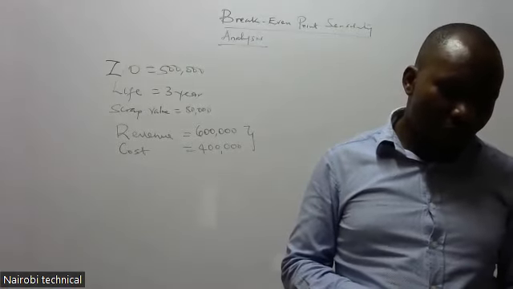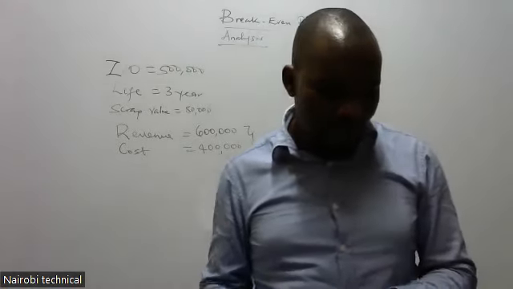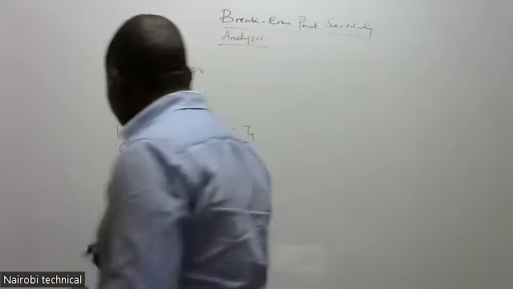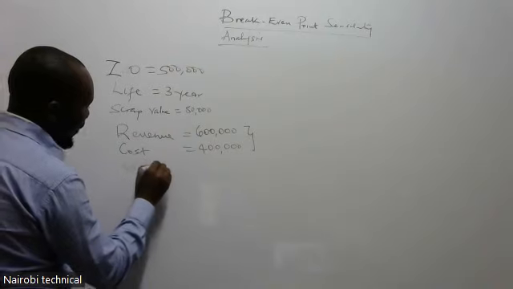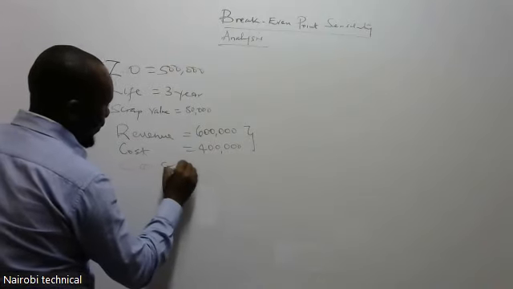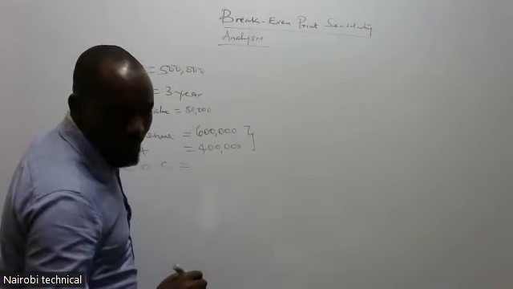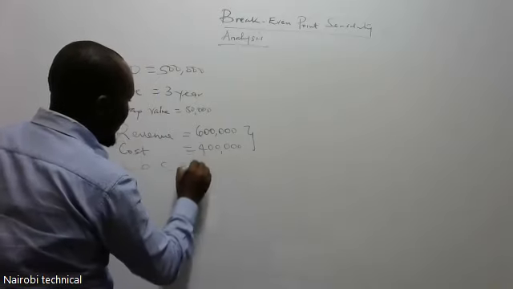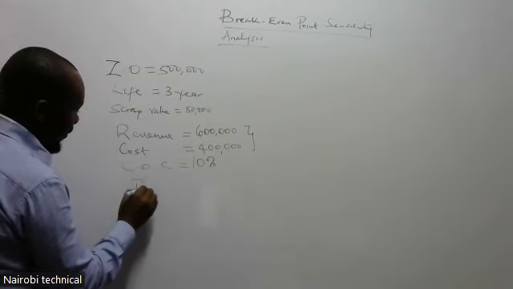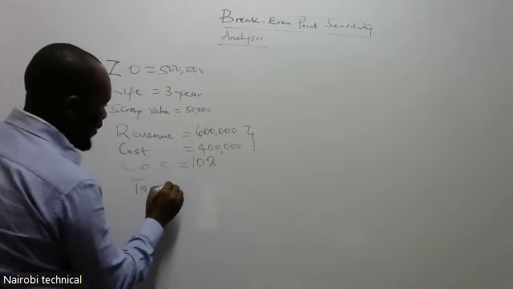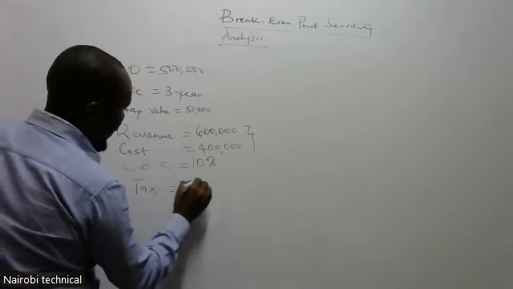Also, the cost of capital is 10% and the tax rate is 30%. So we have cost of capital, which you can say COC, is given as 10%, and tax is given as 30%.